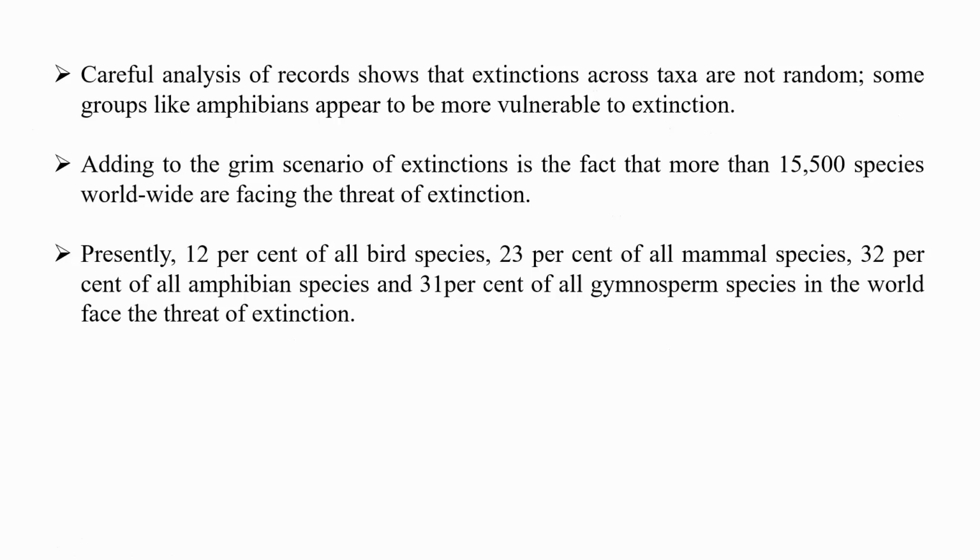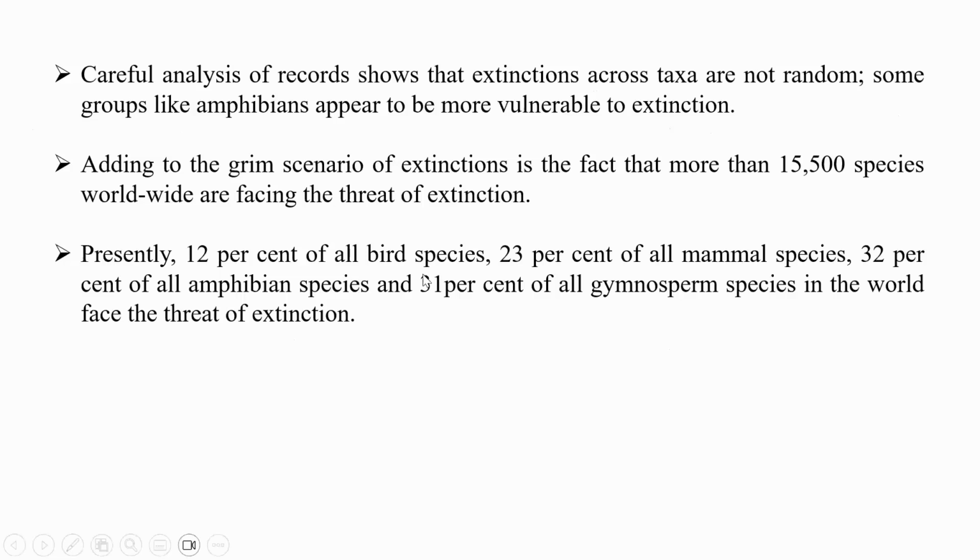Adding to the grim scenario is the fact that more than 15,500 species worldwide are facing the threat of extinction or are on the verge of extinction. If these species are not protected, there will be a time when they become extinct, and we might not find a single organism of these species.